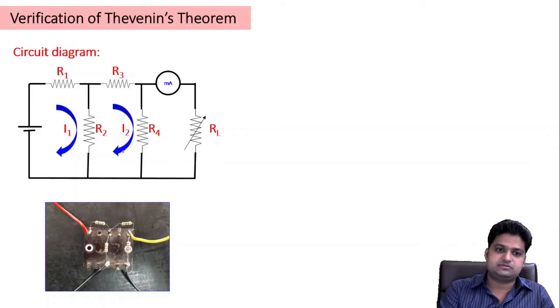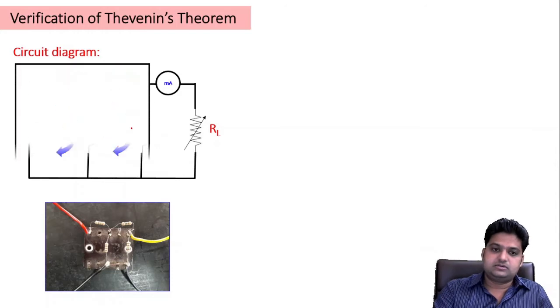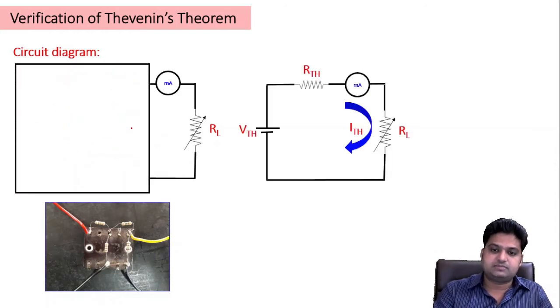This is the circuit which is given to you, and the theorem says that we can actually replace this complicated circuit. You can see it is not so complicated here, they are much more complicated than this, but for our comfort in understanding as we are doing it, we can replace this entire circuit by simply an equivalent voltage source and an equivalent resistance.